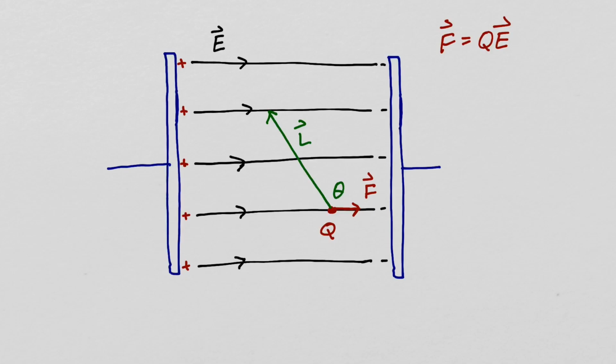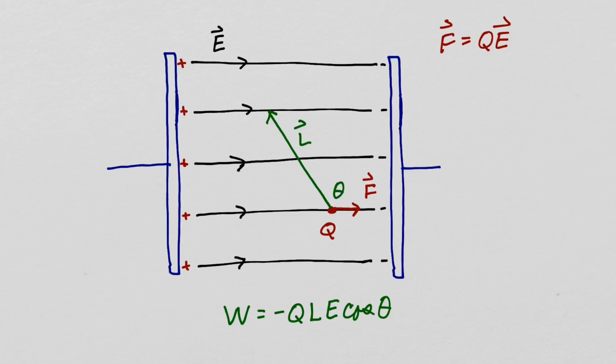So it takes work to move Q along L because the electric field is pushing the charge to the right. Later we will show that the work it takes to move that charge along L is equal to minus Q times the magnitude of L times the magnitude of the electric field intensity times the cosine of the angle between our displacement L and the electric field intensity.